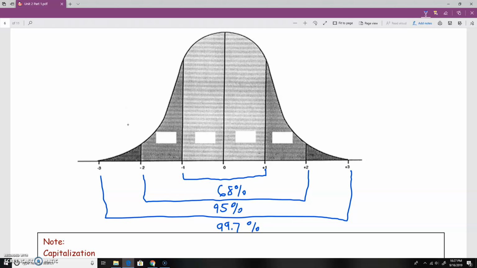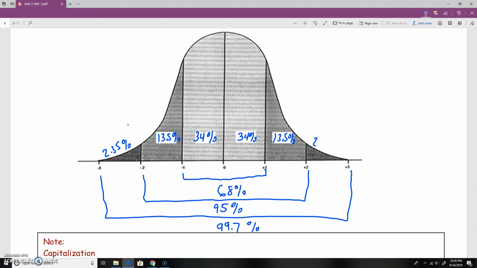Now, what does that mean? That means that 1 standard deviation to this side would contain 34% of the data, as well as 34% of the data here. If we break this down a little further, that means that 13.5% of the data would be here, and 13.5% of it would be in this little region. Now this darker region down here is going to contain 2.35%.